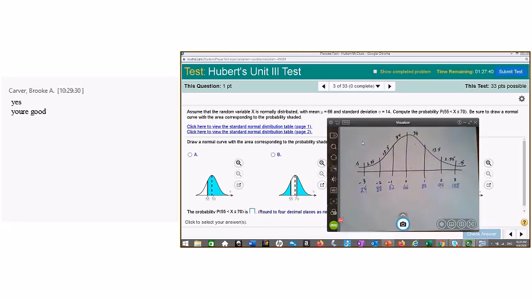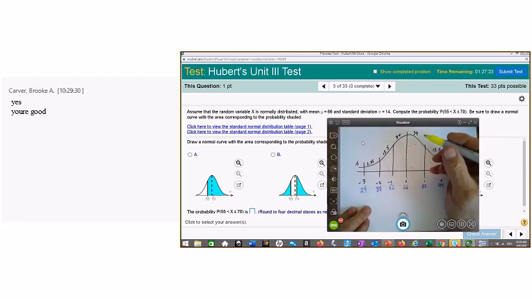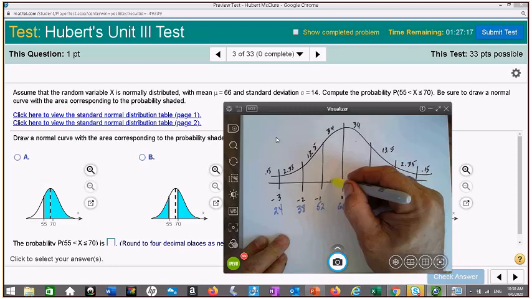All right. So, what does it say? It says find the area between 55 and 70. So I'm going to take my handy dandy yellow marker and I'm going to put a 55 right in here. Let's see. Half of 14 is what? 7. So that'd be a 59 right there.